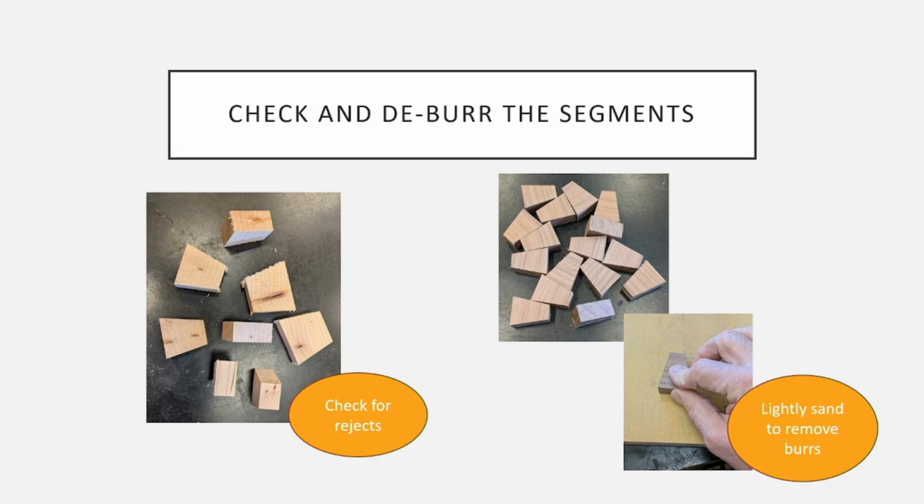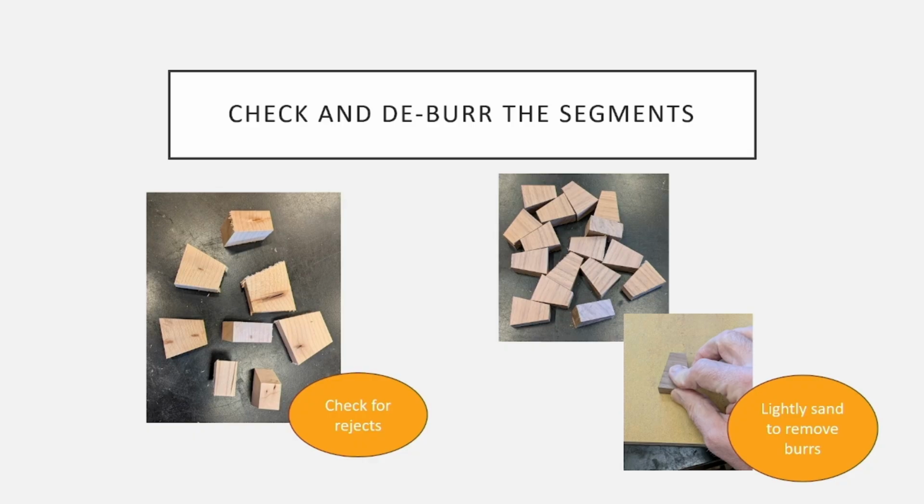Okay. So you're going to check all these segments for rejects. This over here, I think, was a sample that I was cutting for big leaf maple. There were a lot of defects in the segments, so I throw those away and cut replacements. The other thing you want to do is, when I come off the table saw, they've got little burrs on them, so I take a sanding board.